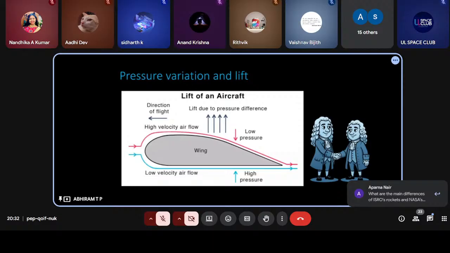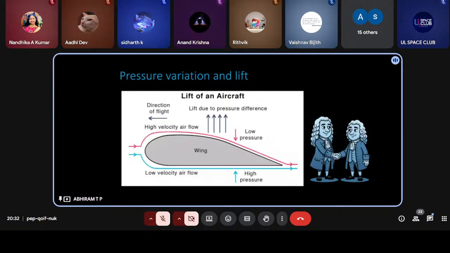An airfoil means the cross-sectional view of the usual shape of the airplane wings. If you observe that section, it's a special shape, right? It will allow the air to flow through the upper surface as well as the lower surface. Due to this special shape, it's not symmetric, right?